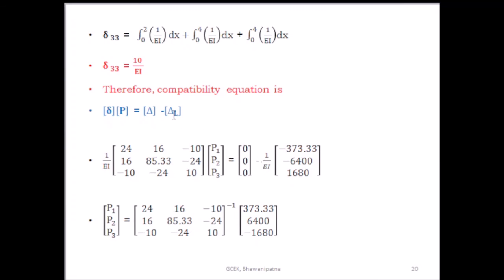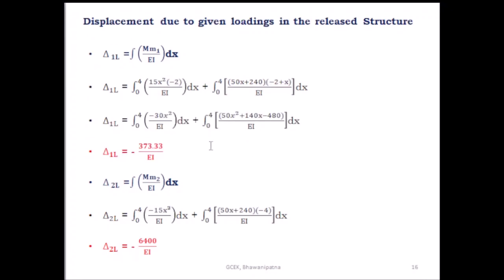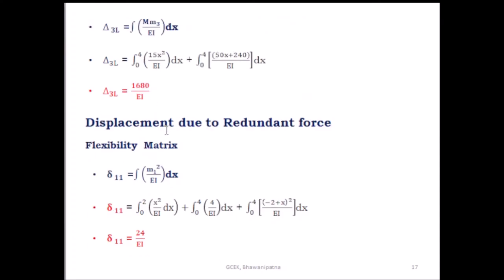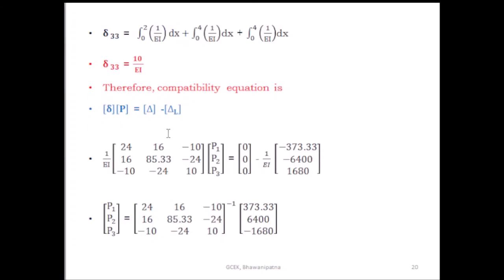Then minus 1 by EI times the displacements due to the external loading in coordinate directions 1, 2 and 3: delta 1L, delta 2L and delta 3L. So just put them here.